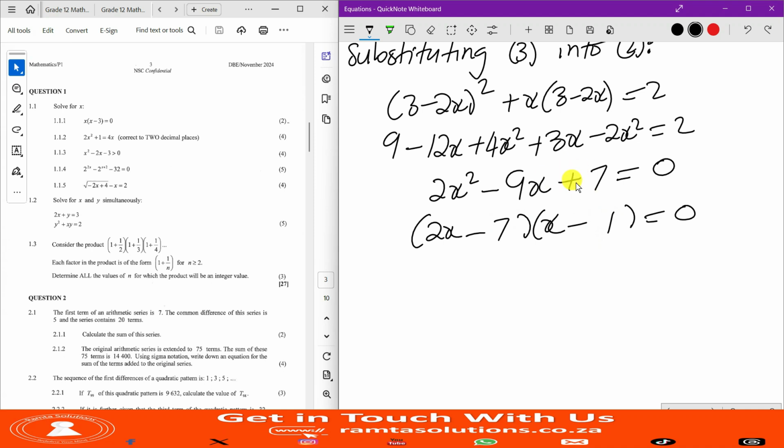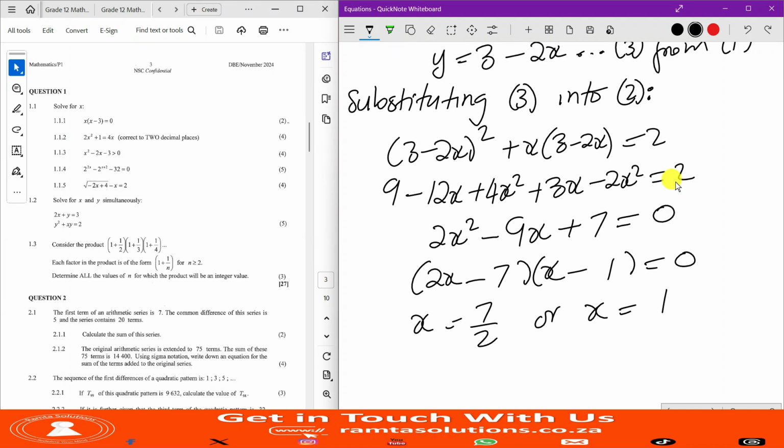The constant is positive, so both terms take the sign of the middle term. This is correct. We are fine. So therefore, we have x equals 7 over 2 or x equals 1.